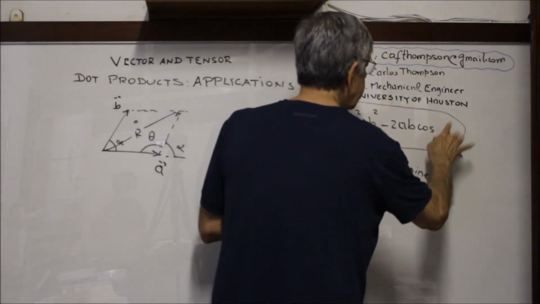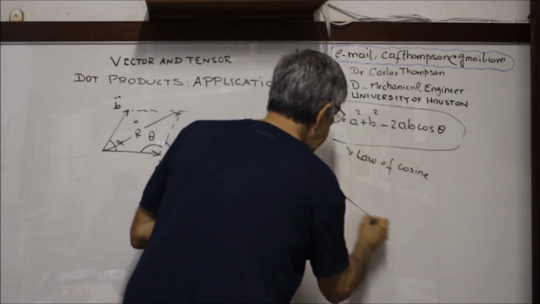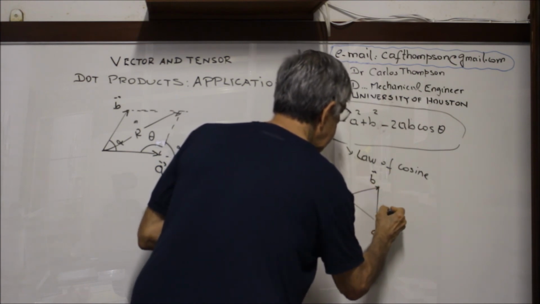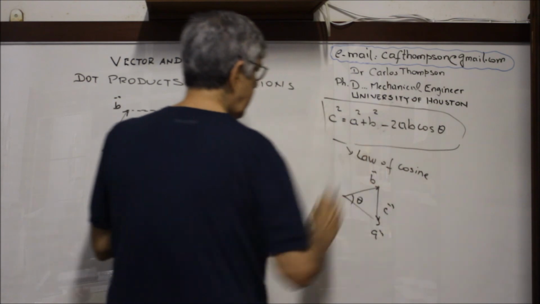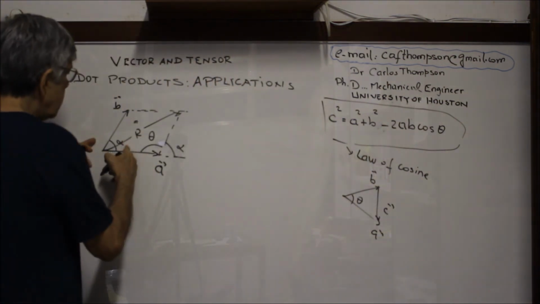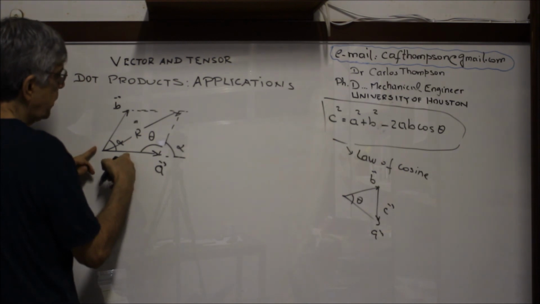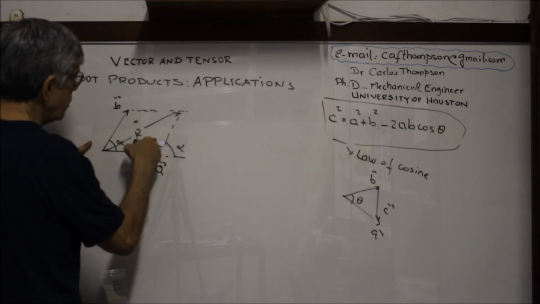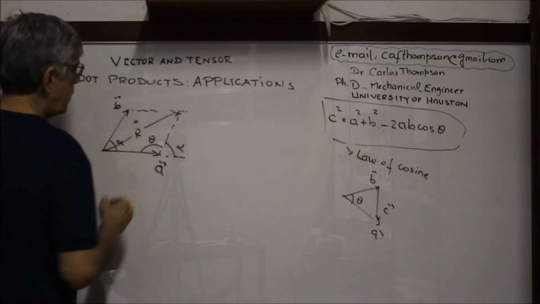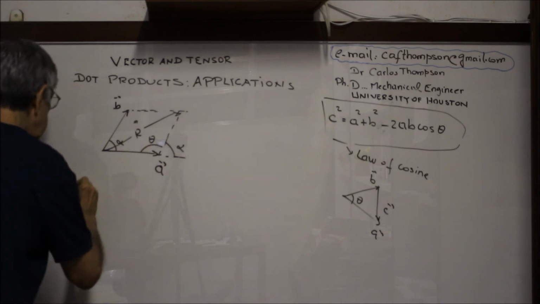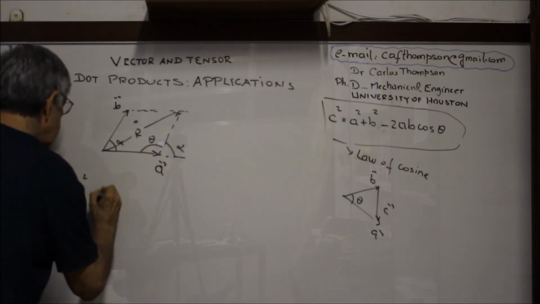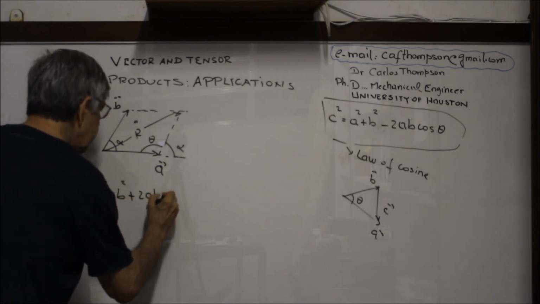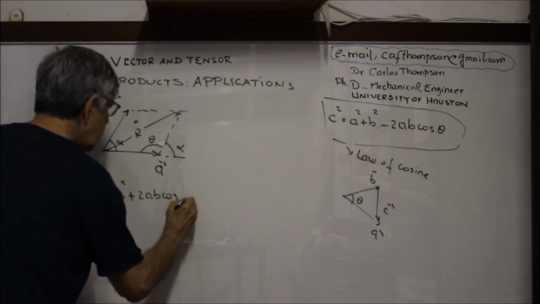I have A here, and I have B here, and C. Now this is my angle between these two vectors. This is alpha and this is alpha. Now what you did is A squared is equal to A squared plus B squared plus 2AB cosine of alpha.